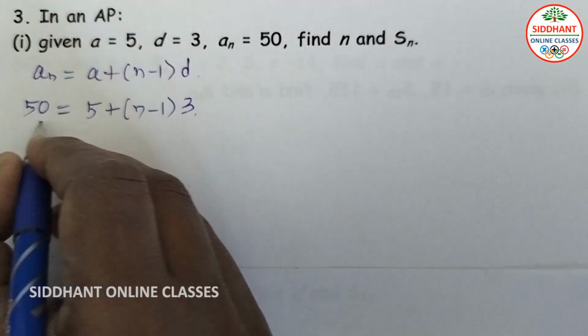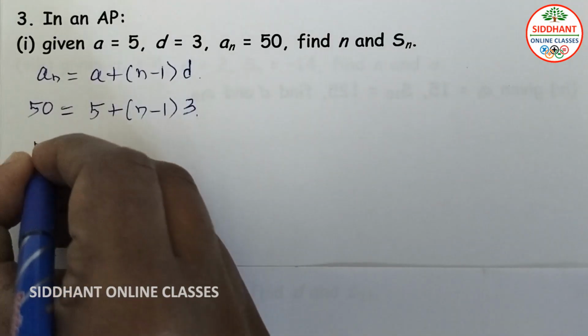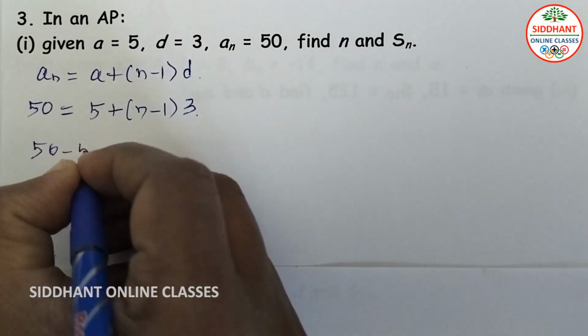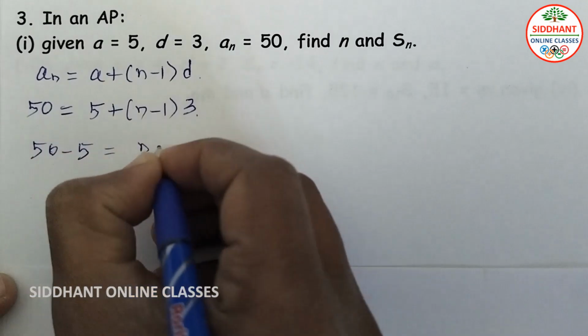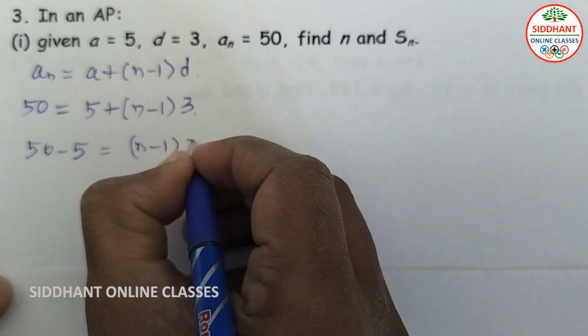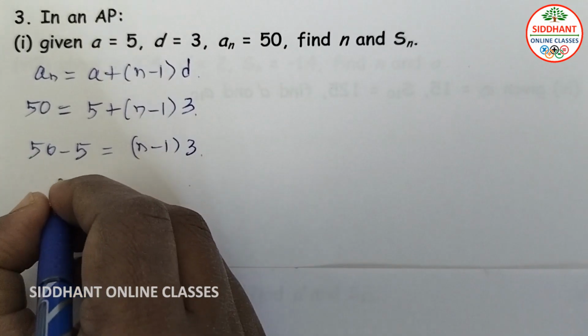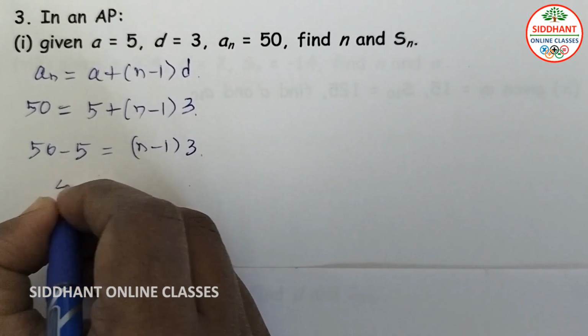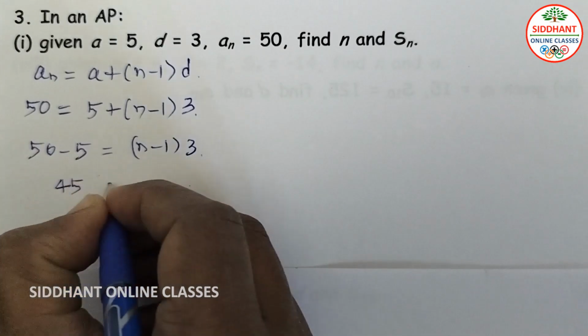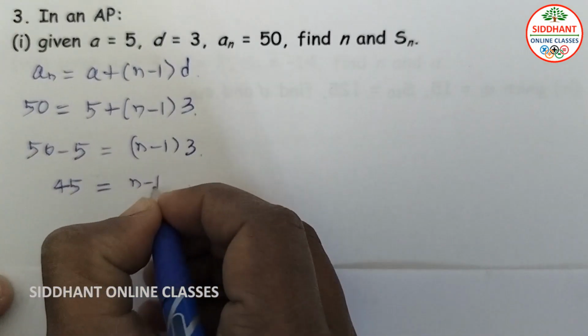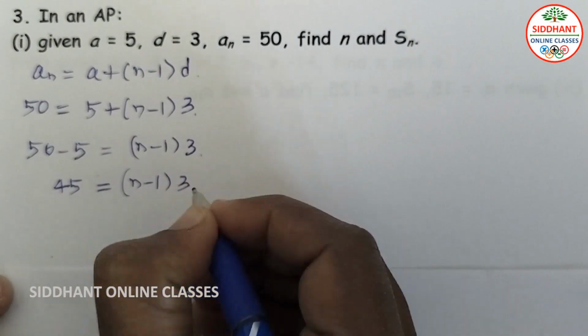So 50 minus 5, that equals n minus 1 times 3. So 50 minus 5 is 45, that equals n minus 1 times 3.